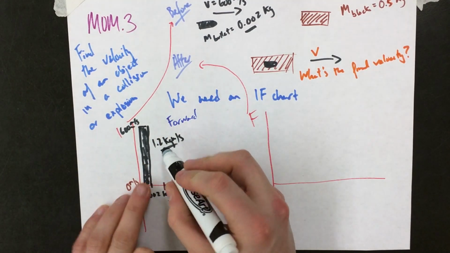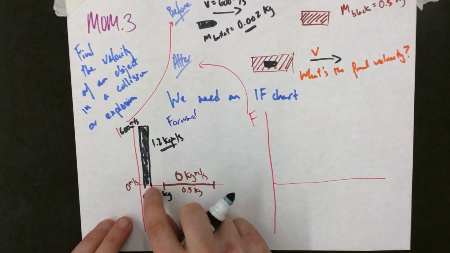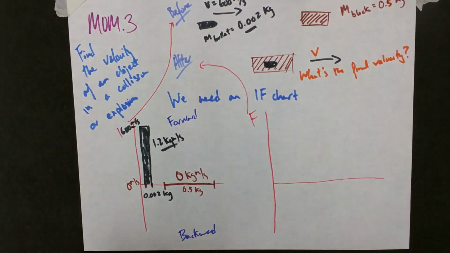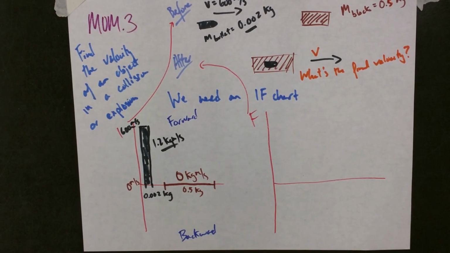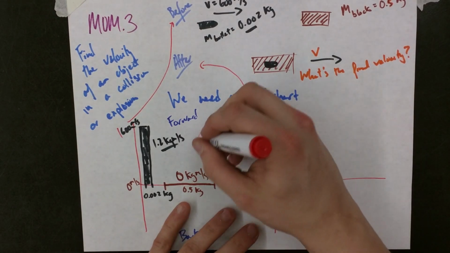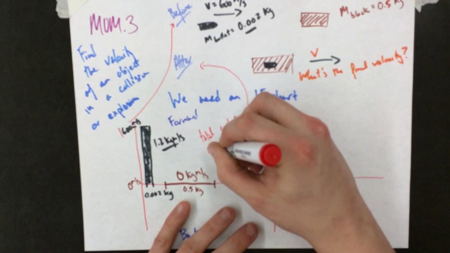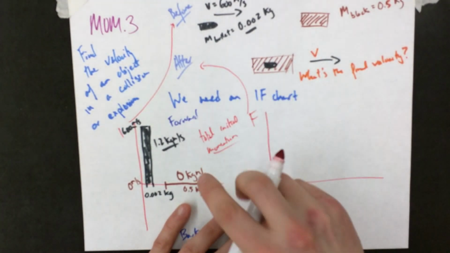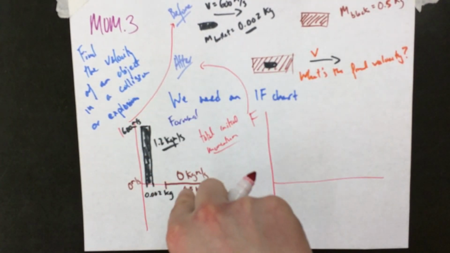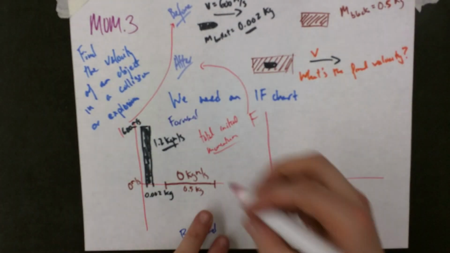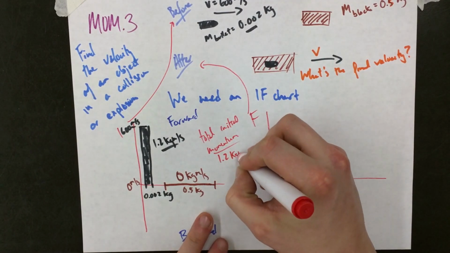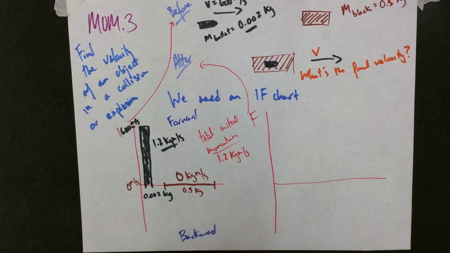This is the area in this rectangle. I'm doing length times width to get this area. So the total initial momentum must be this momentum plus that momentum. 1.2 plus 0 gives me 1.2 kilogram meters per second. Cool.